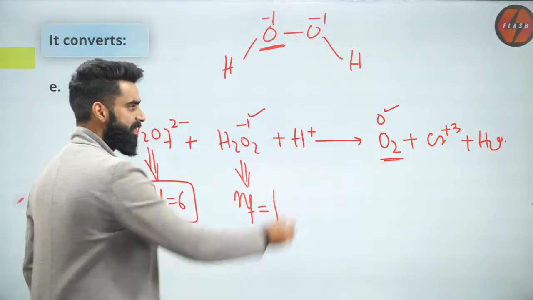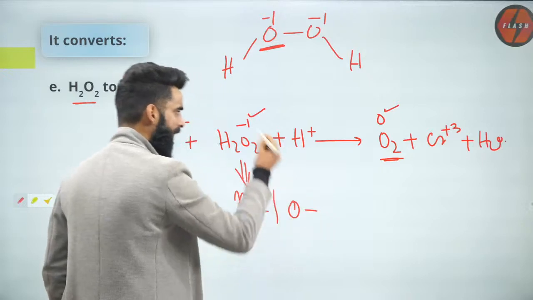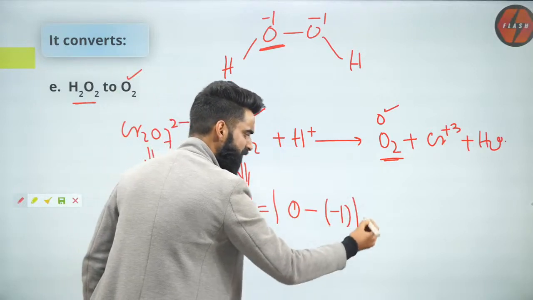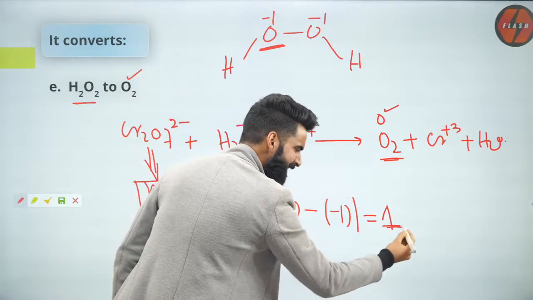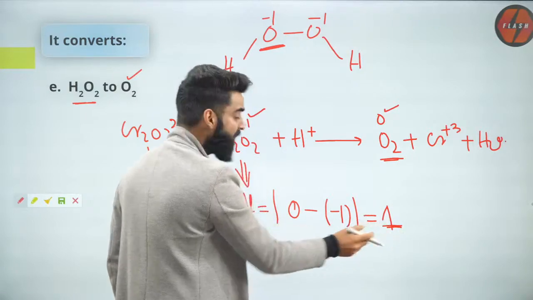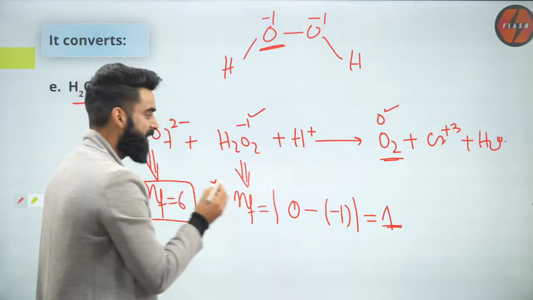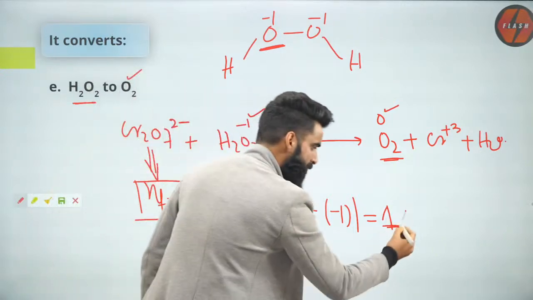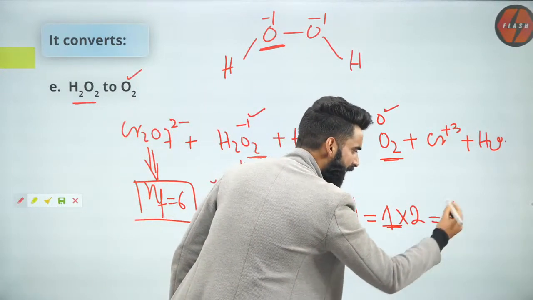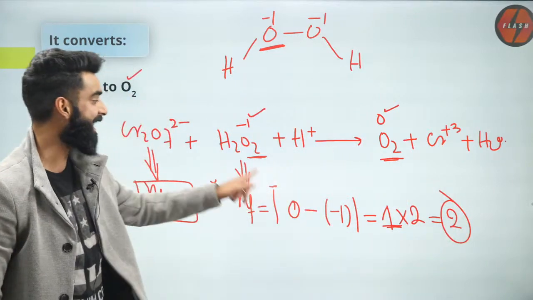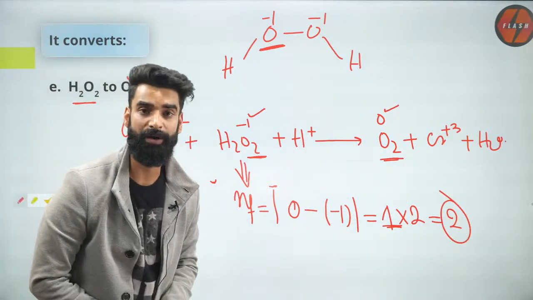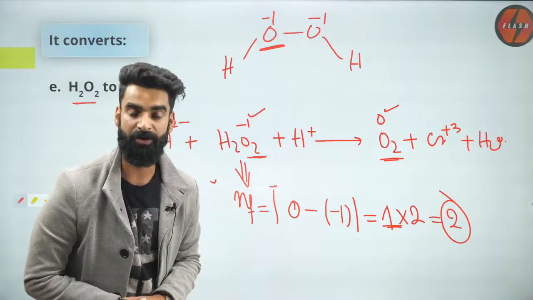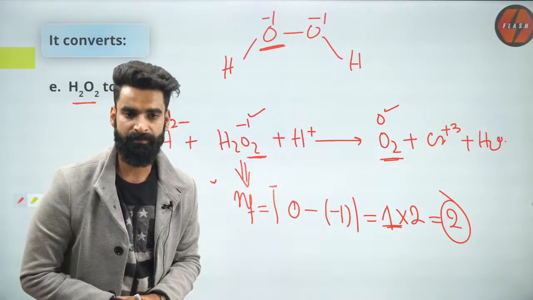So the n factor is final oxidation state, which is 0, minus initial oxidation state, which is -1, so the value will come as 1. This 1 is the change in the oxidation state for one atom of oxygen. But how many atoms of oxygen do we have? We have 2 atoms of oxygen. So I'll simply multiply it by 2. The value will be 2. So 2 is the n factor of hydrogen peroxide over here, right?